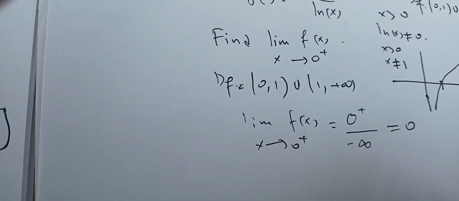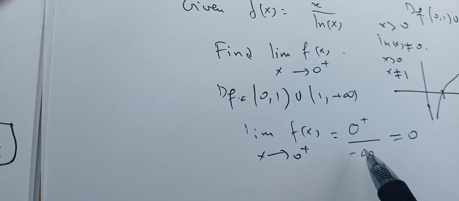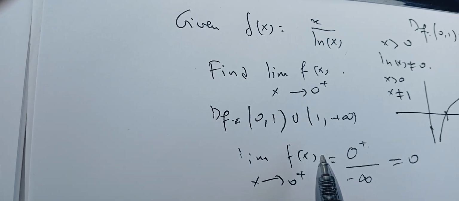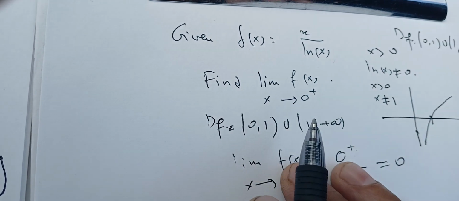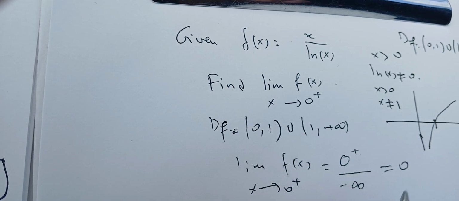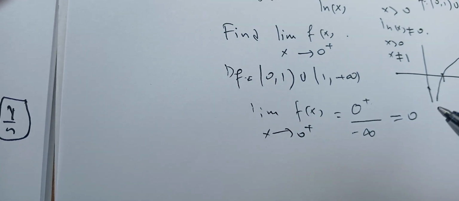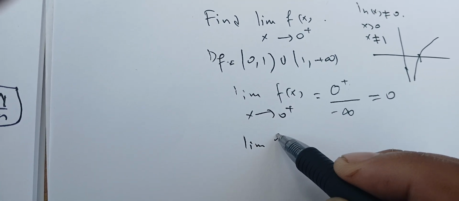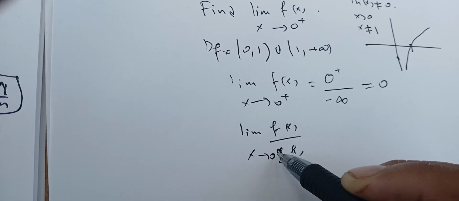It's 0. The mistake that we make is that we arrive at this result and say, oh, now let's use L'Hopital's rule. The funny thing is that we don't have the conditions to use L'Hopital's rule. To use it, let's say we want to compute the limit of f of x over g of x as x goes to some a.